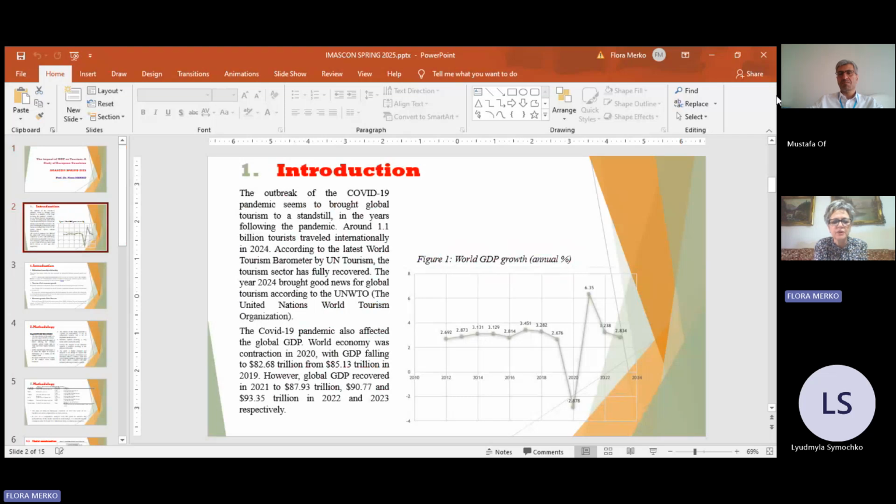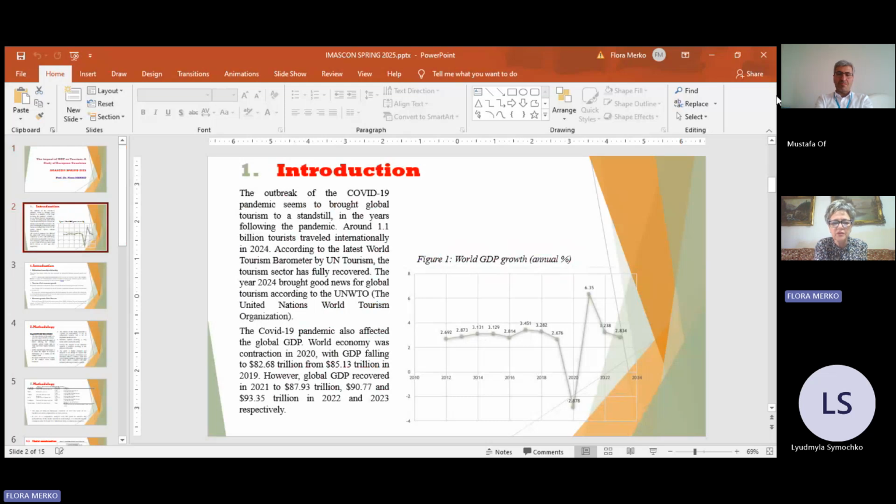Around 1.1 billion tourists traveled internationally in 2024. According to the latest World Tourism Barometer by United Nations Tourism, the tourism sector has fully recovered. The year 2024 brought good news for global tourism, according to the United Nations World Tourism Organization.